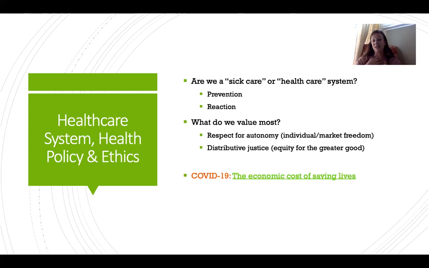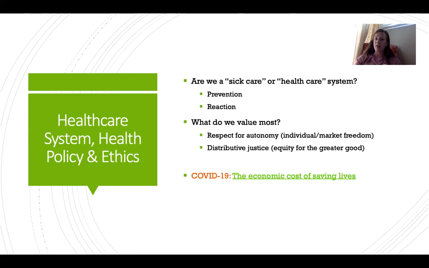And that is definitely a piece of the problem of what we're dealing with now in our slow reaction with testing and with restricting measures for people as far as social distancing and quarantining. There's many other avenues that we could look at regarding, do we prevent or do we react? But this is definitely a very relevant example.